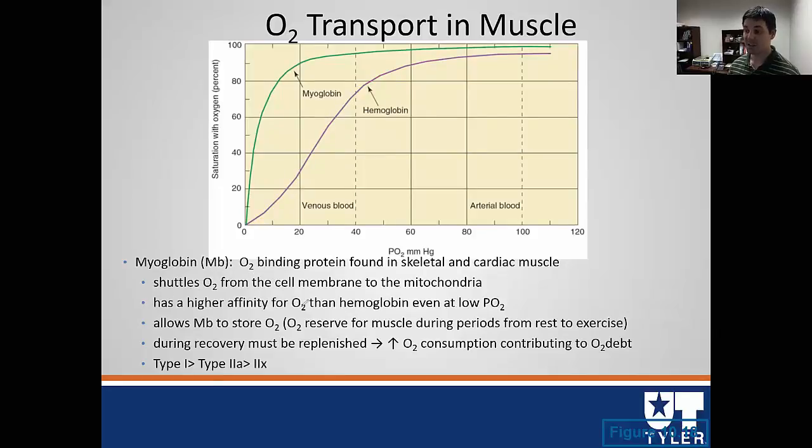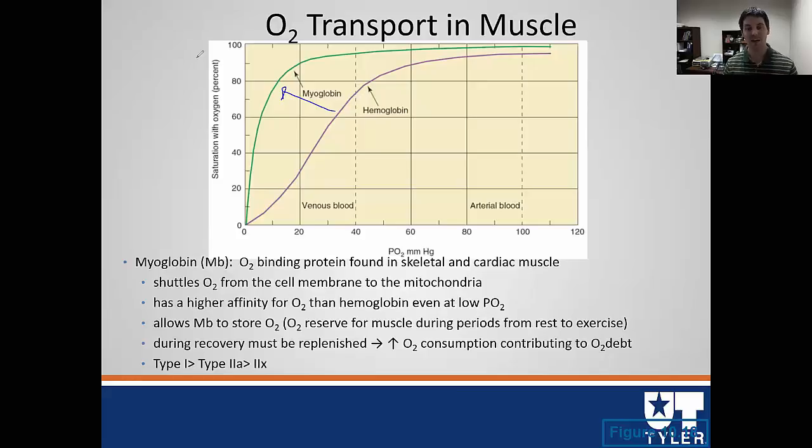It has a much higher affinity for oxygen than hemoglobin, even at a low partial pressure of oxygen. So what we see here is a leftward shift in myoglobin compared to hemoglobin, right? It means it wants to bind oxygen much more. And this makes exactly sense from a physiological perspective, or at least I hope it does, in that you want hemoglobin to dump oxygen, and you want myoglobin to grab oxygen from hemoglobin, right?